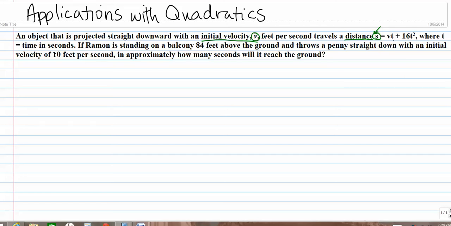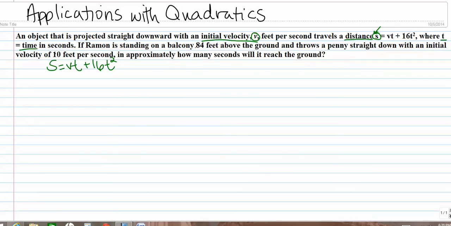And this whole equation, we can find the distance an object travels if we take the velocity times time plus 16 times time squared. Somebody has already developed this formula for us. So the hard work is actually done for us. We don't need to come up with this formula. It's given to us. We just have to be able to plug in the values that we know into the appropriate spots. t equals time in seconds.